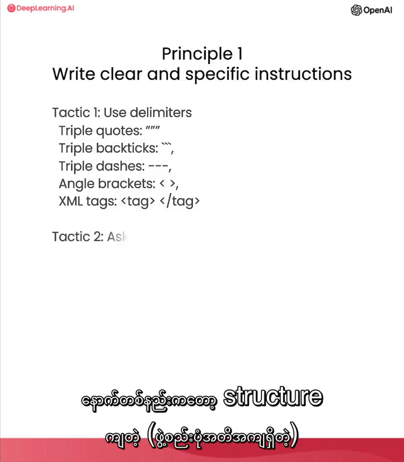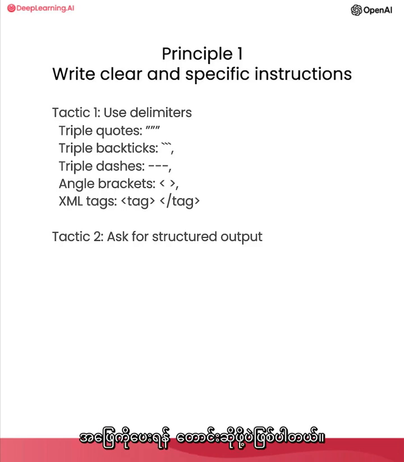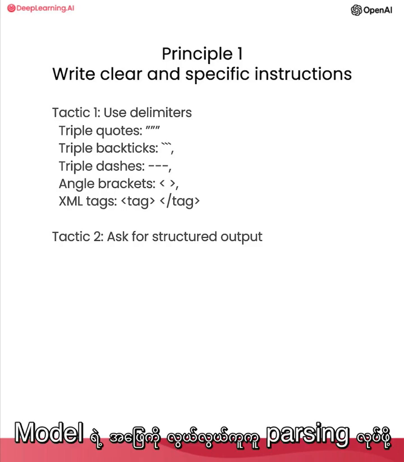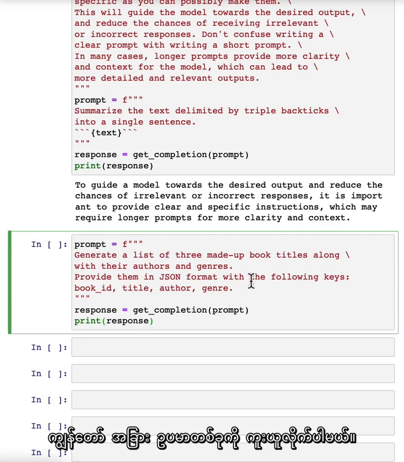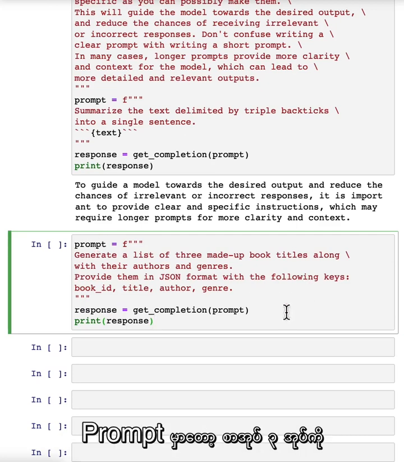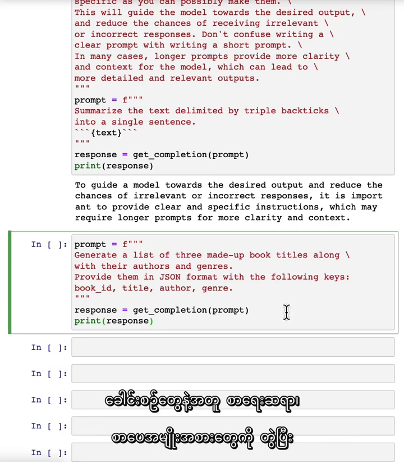The next tactic is to ask for a structured output. So to make parsing the model outputs easier, it can be helpful to ask for a structured output like HTML or JSON. So let me copy another example over. In the prompt, we're saying generate a list of 3 made-up book titles along with their authors and genres.